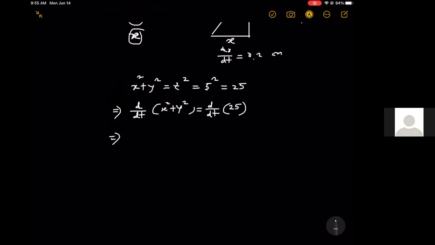2x. Only 2x? Is there anything else? Should be 2x plus 2y. No, I'm talking about the x squared part only, the first term, x squared. Obviously, the derivative of x squared is 2x, but is that all? Or do we have anything in addition to that?